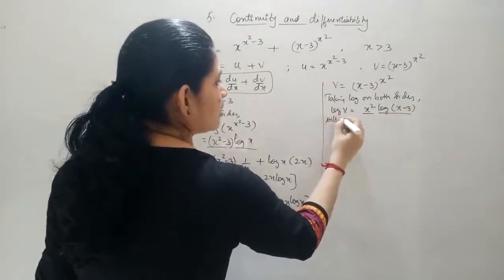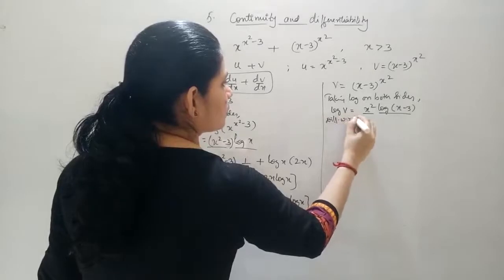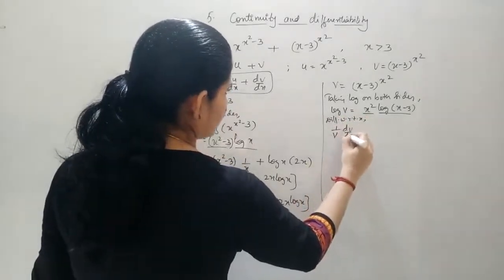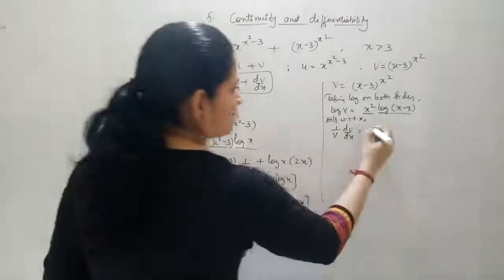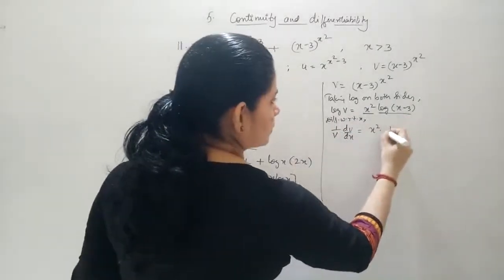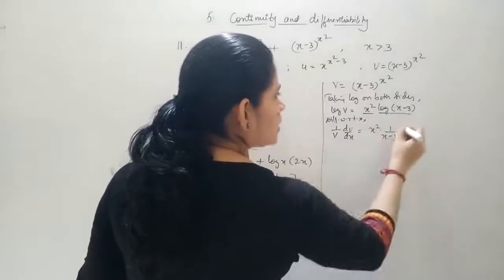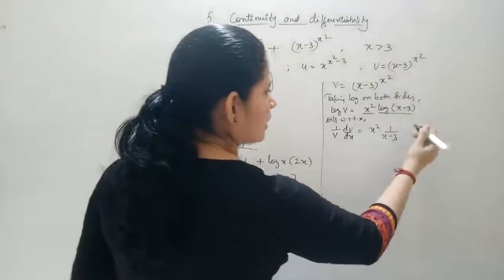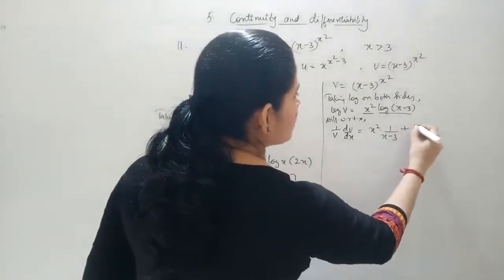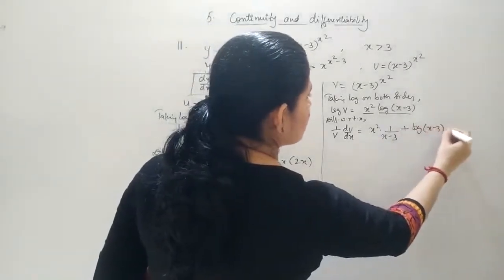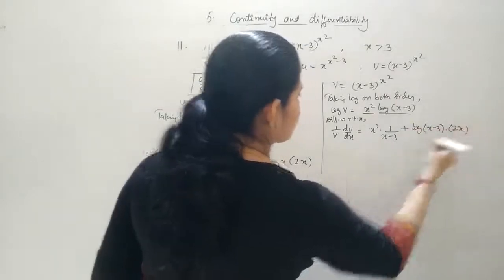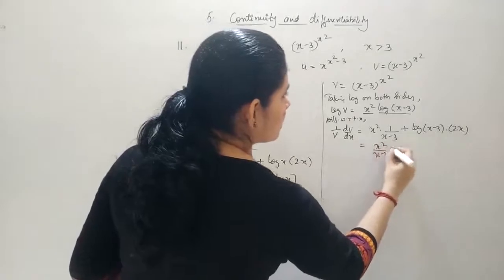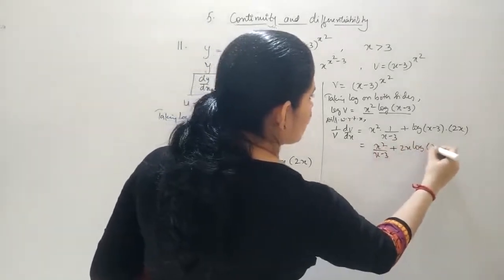Now differentiating with respect to x, you will get 1 by v dv by dx is equal to x square into log of some term. So you have 1 by of that term into, actually derivative of x minus 3 will also give you 1. So you have only 1 by x minus 3. Plus log of x minus 3 into derivative of x square, which is 2x. So you are getting x square by x minus 3 plus 2x log of x minus 3.